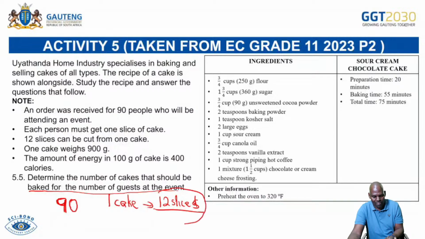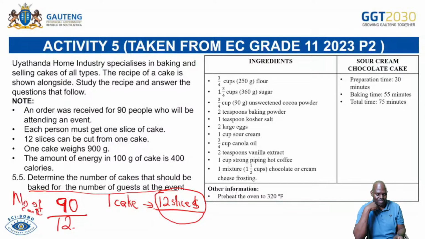So we want to know how many 12 slices must be in 90. So one cake, we take 90, we divide it by 12. So the number of cakes is 90 divided by 12. If I take 90 and divide it by 12, I get 7,5.